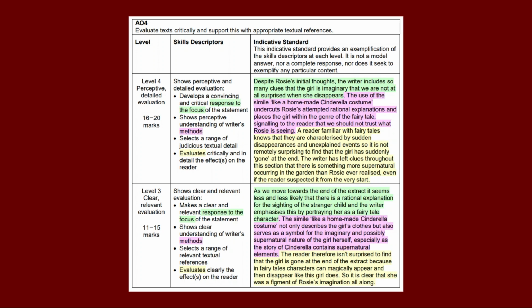You're bringing in other knowledge that you know, and it can also be when you chuck in things like interestingly or undoubtedly or unusually. I often say that adverbs are the best way to evaluate critically, because that is an opinion and you can't fault that.